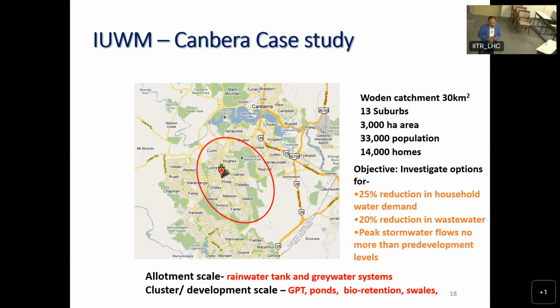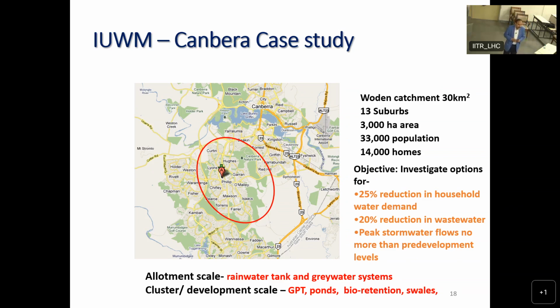What the department there was interested in finding out was how we can reduce household water demand by 25% in an already developed suburb or town. These were some of the objectives they asked us to investigate: 25% reduction in household water demand, 20% reduction in wastewater, and peak stormwater flow no more than pre-development levels.